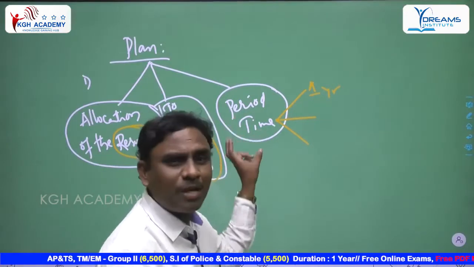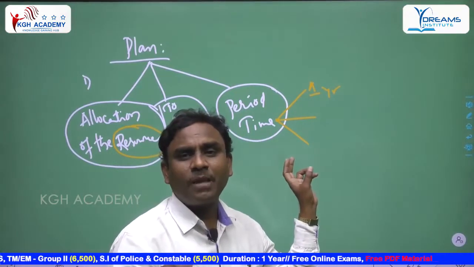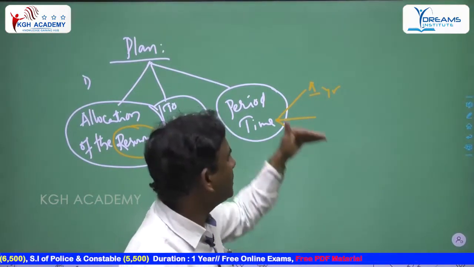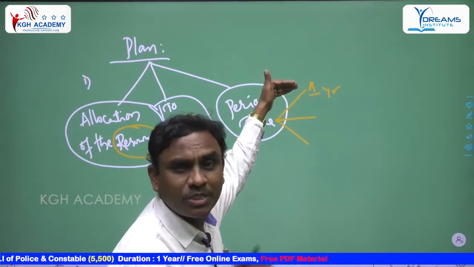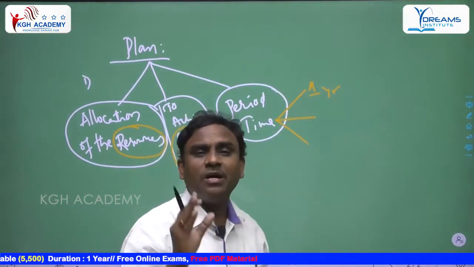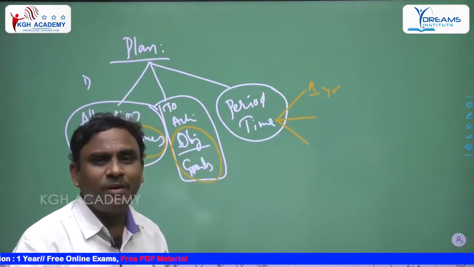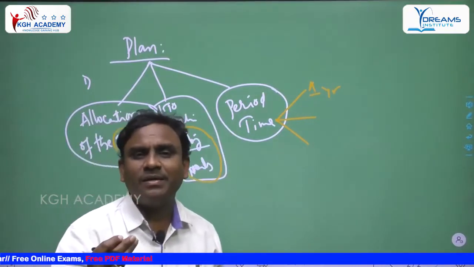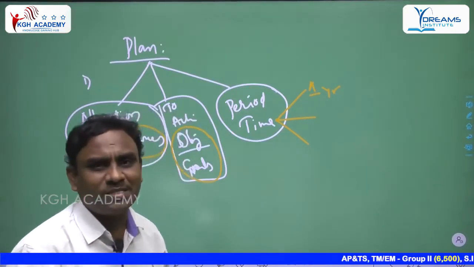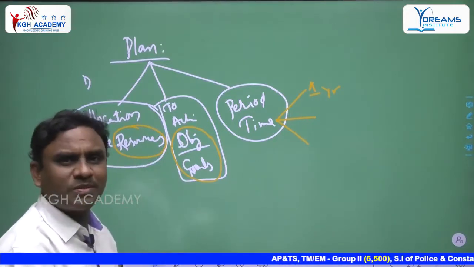According to the specified period of time, there is again a categorization of three. One is the annual plan, short-term plan. Second one is the mid-term plan. Third one is the long-term plan. On the basis of time, plans can be divided into three categories.